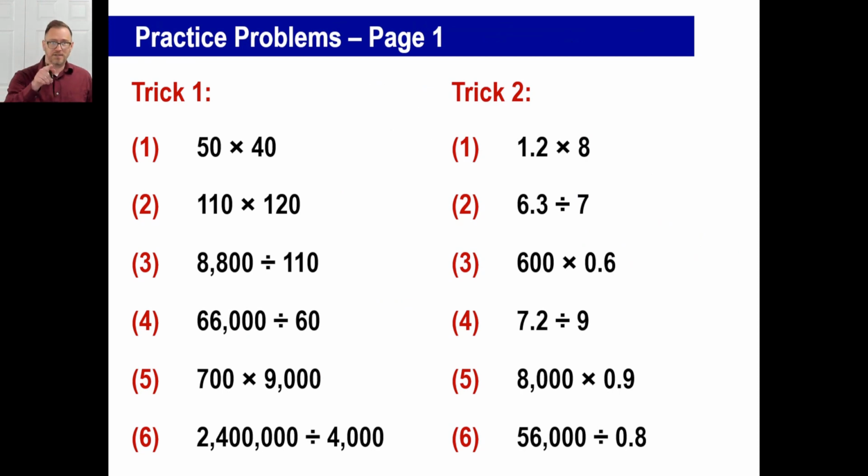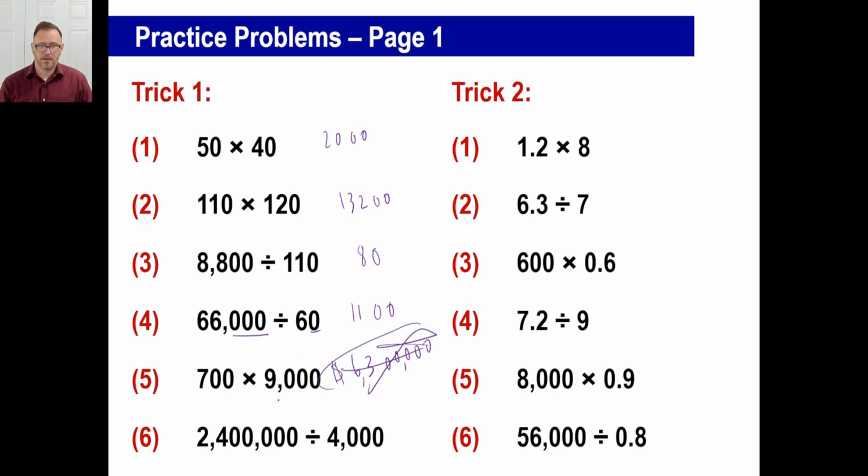All right, pause this, do these as fast and accurately as you can, and come back. Okay, that was fast. All right, we have 5 times 4 is 20, 2 zeros. 11 times 12 is 132, 2 zeros. 88 divided by 11 is 8, 2 minus 1 zeros, there you go. 66 divided by 6 is 11, 3 zeros, minus 1 zero is 2 zeros. 7 times 9 is 63, and then 1, 2, 3, 4, 5 zeros, which is, of course, my annual salary right there.